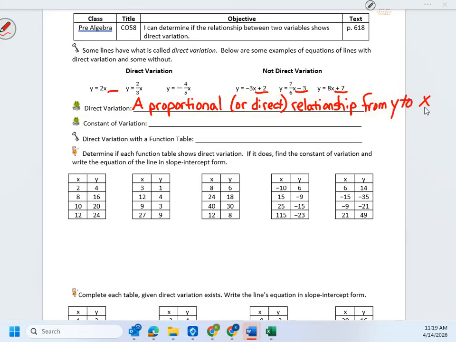So we know if it's proportionate, it's going to be a straight line. If it's not proportionate, it's not a straight line. So direct variation or not direct variation.